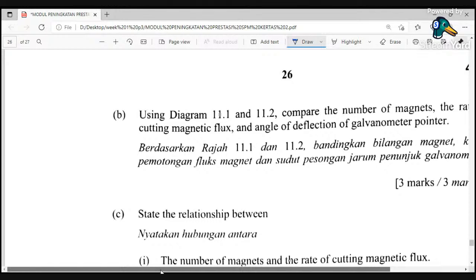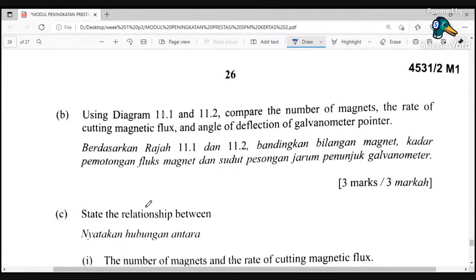Okay, using diagram, compare number of magnets. Okay, you highlight dulu mana yang you compare. Number of magnets, rate of cutting, angle of deflection. Okay. Ini tiga nota. Okay, tuliskan yang pertama, compare. Okay, tengok balik diagram dia.